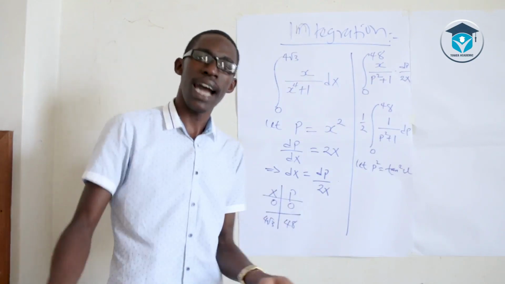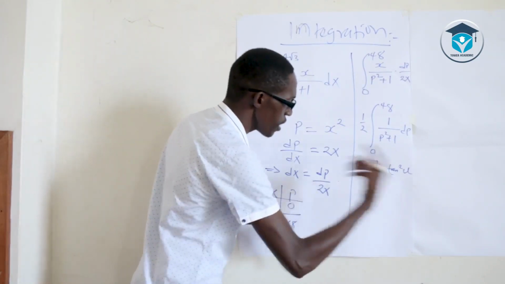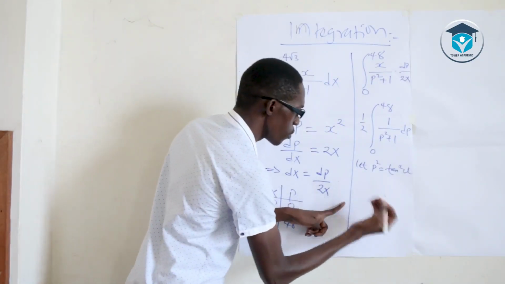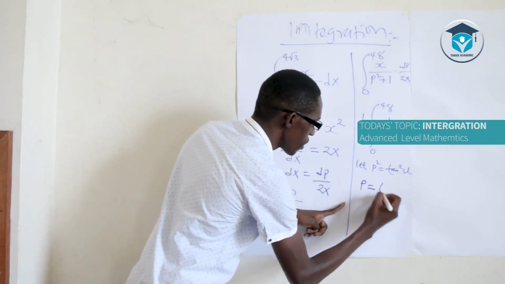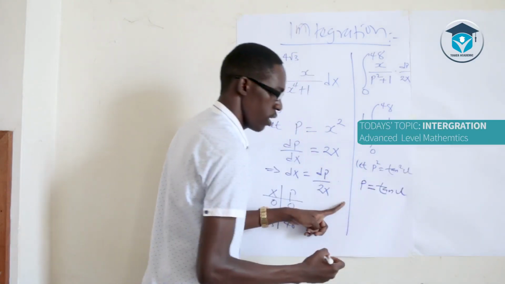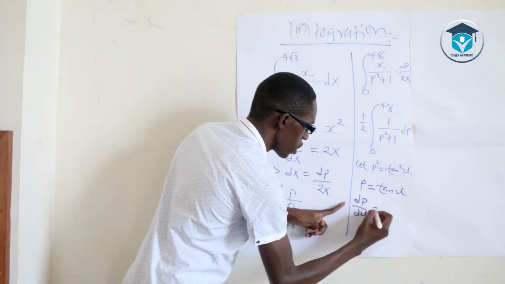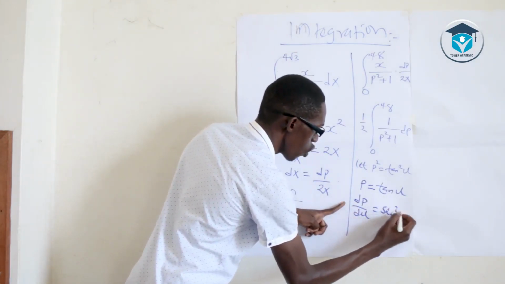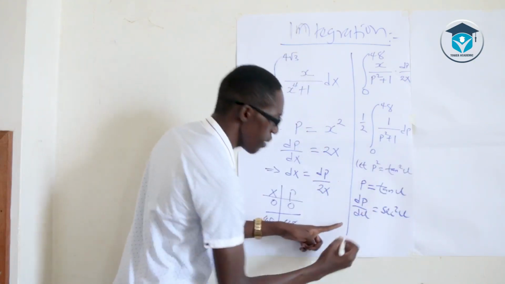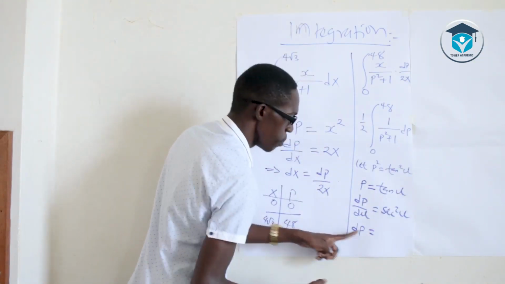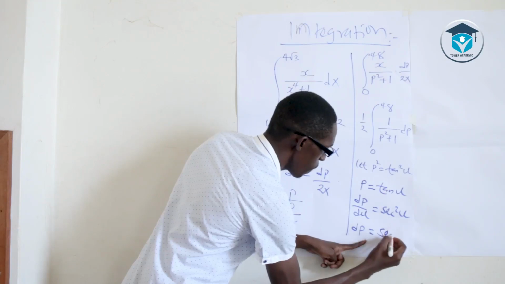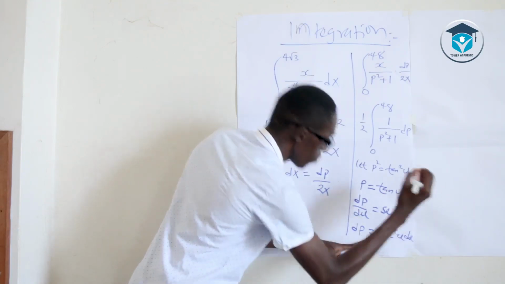I'm now introducing tan substitution. Thereafter, I apply the square root on both sides, and p becomes tan of u. Then I differentiate: dp du gives me sec squared of u. I make dp the subject, so dp equals sec squared u du.